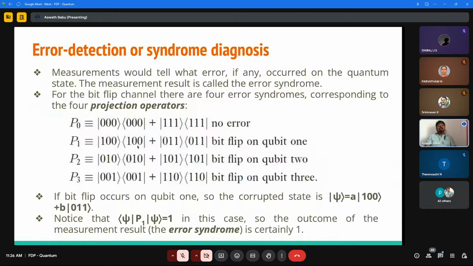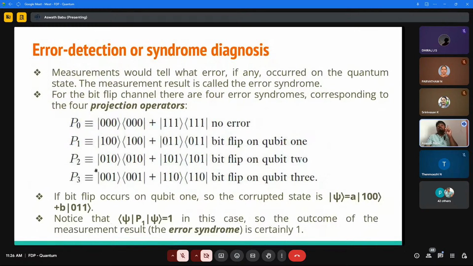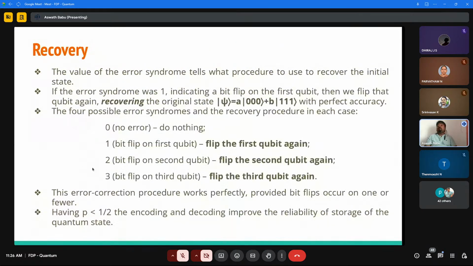Let's say P2 gives you 1 on the quantum state, it means the second bit is flipped. We need to flip the second qubit back again. Same story for the third qubit. Remember, only one of them is going to give you 1, so accordingly I reflip that particular qubit. If the probability of flipping any one is less than half, fine, no issue.